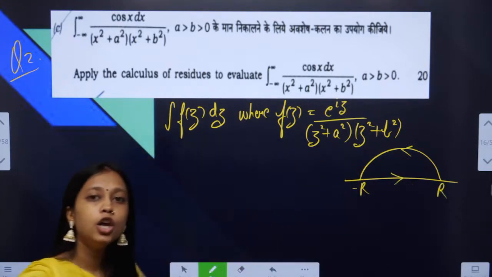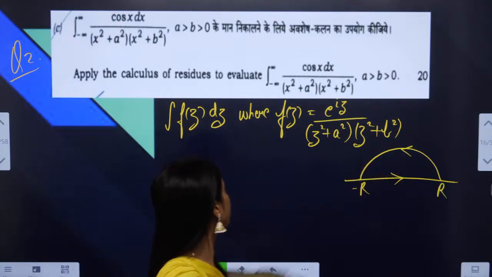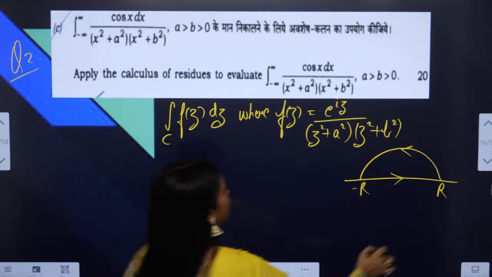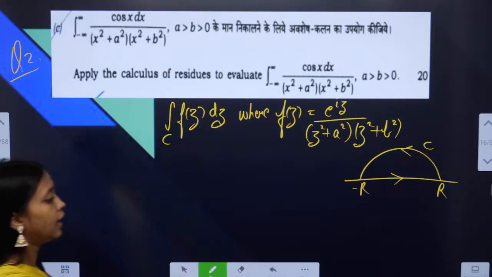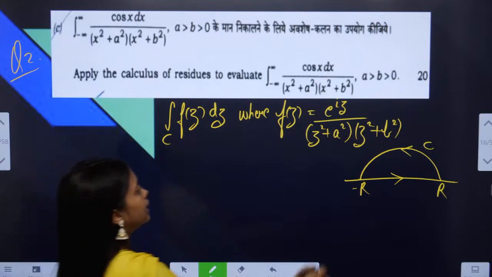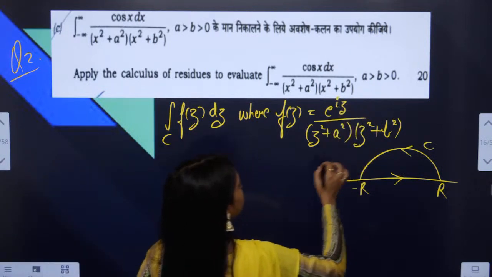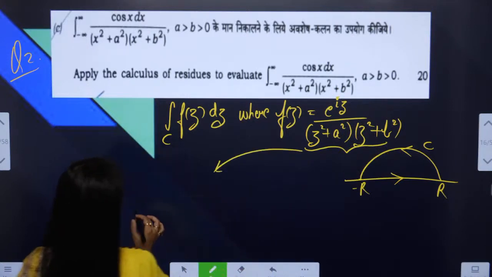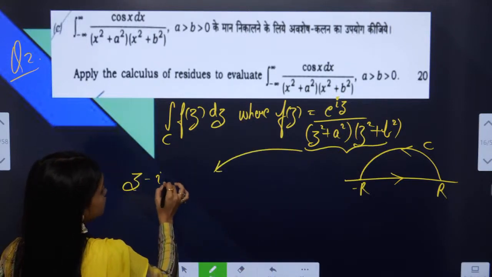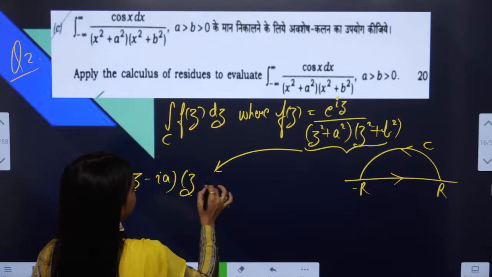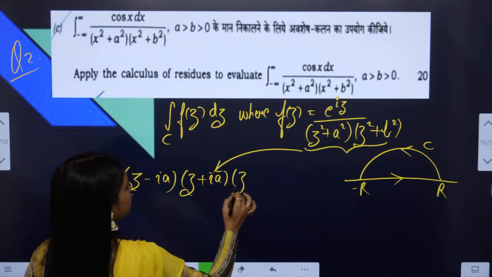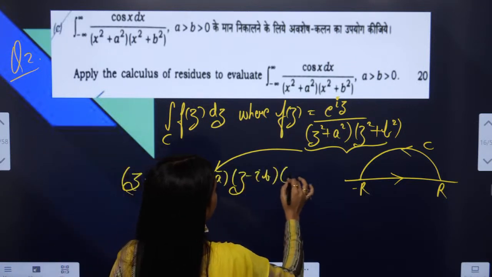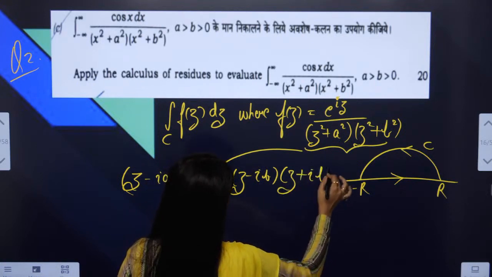We will do the integration over this curve C. Work with the denominator. Over here it can be written as (z minus iota a)(z plus iota a)(z minus iota b)(z plus iota b).